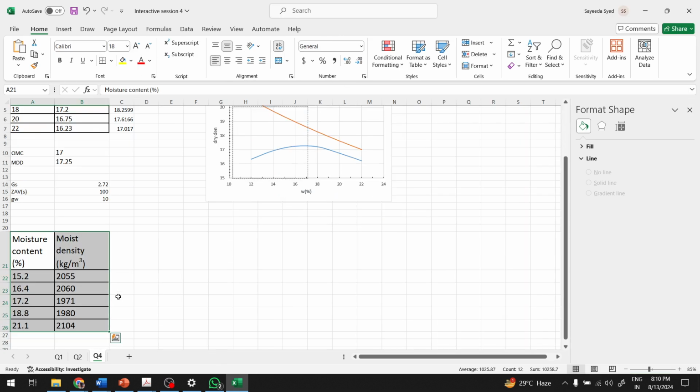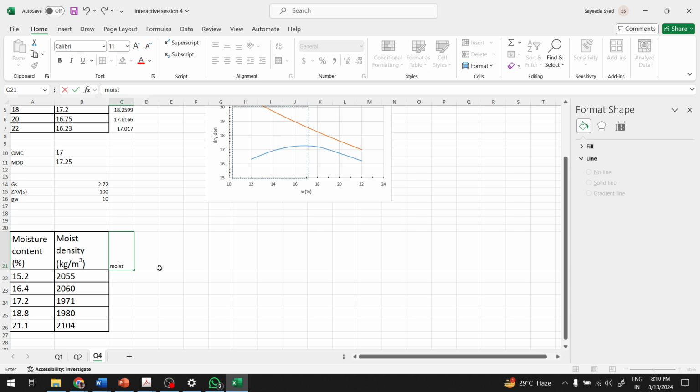These are the moisture content and moist density of the sand replacement method that was done, but this is in kg per meter cube. So this has to be converted into kilonewton per meter cube. Because I have already taken 10, I will not take 9.81. Let me convert it using g equal to 10 only.